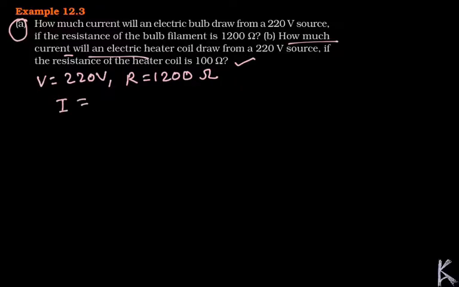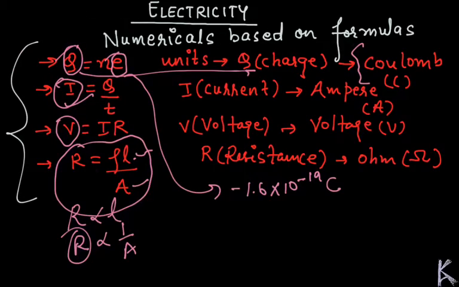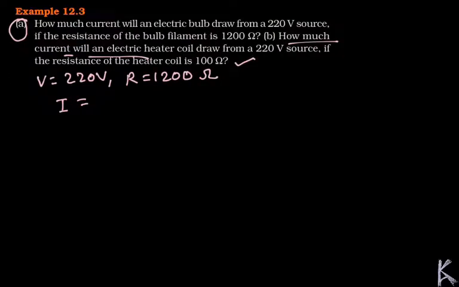I will be equal to, as I have told here, V is equal to IR. This is called Ohm's law, which will come to I is equal to V by R. Bringing the R to this side, the expression for I becomes V by R. So this is 220 by 1200.